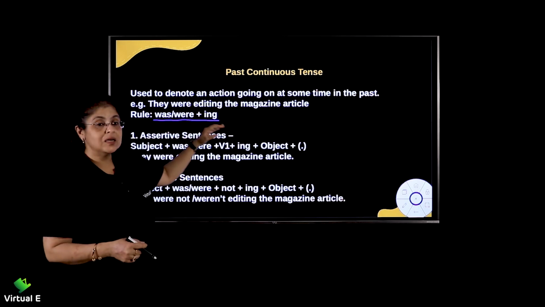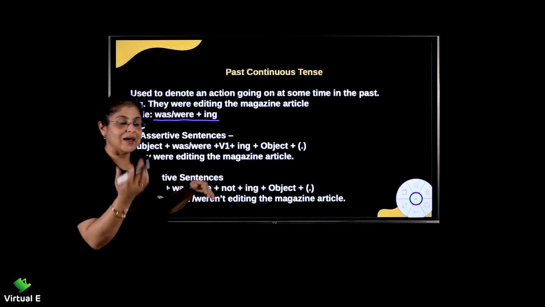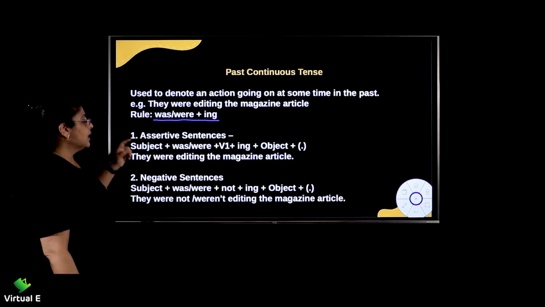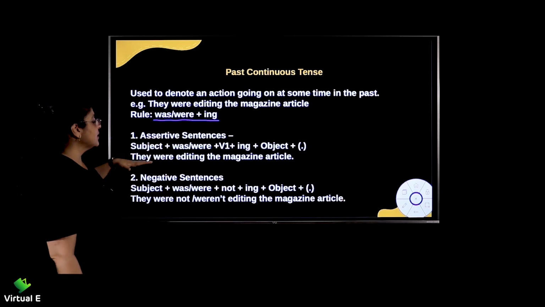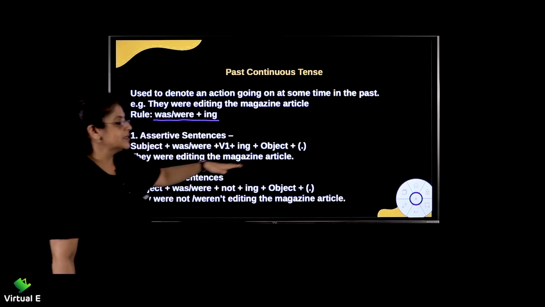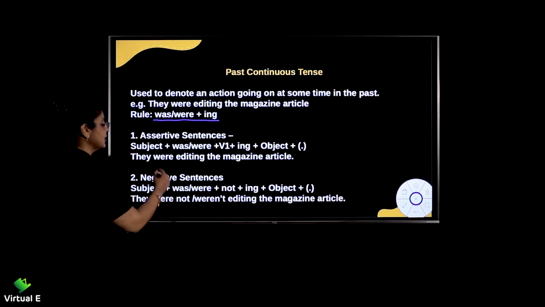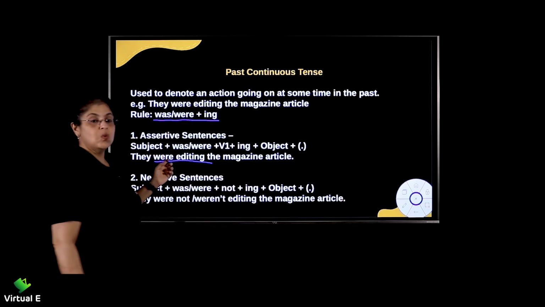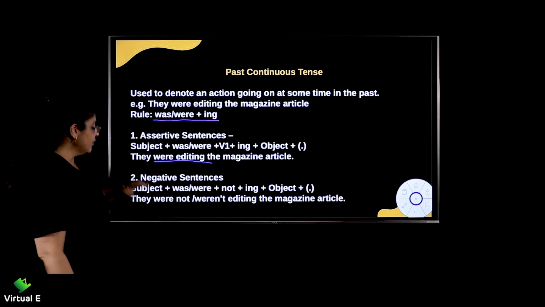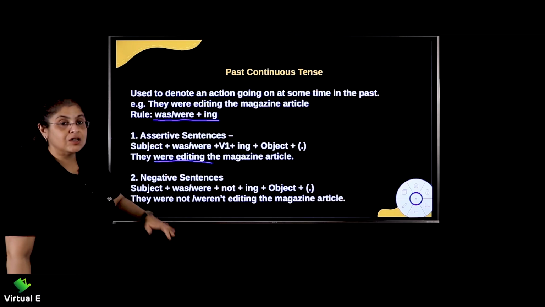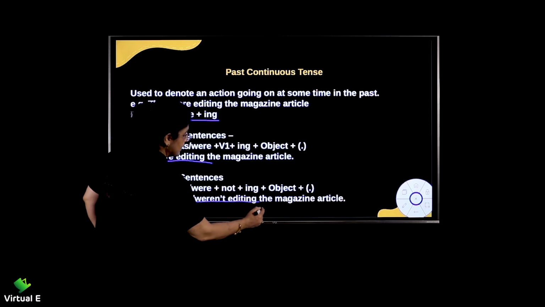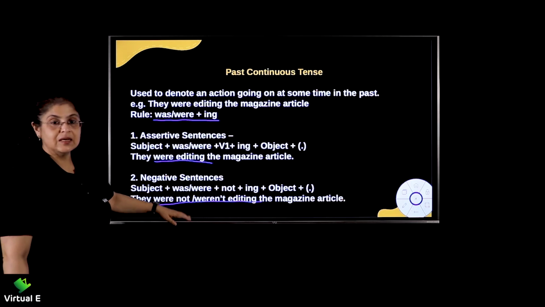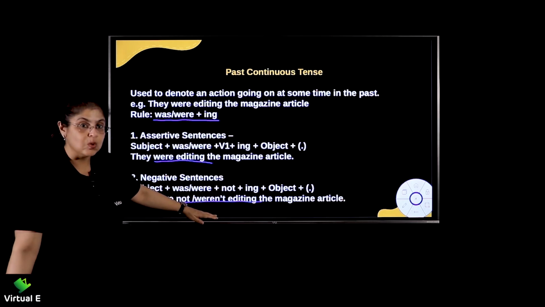So, was, were plus ing. Obviously, the ing is added to the verb. Likewise, moving to the four forms, the assertive sentences, they were editing the magazine article. So, you see, it is were editing. Moving to the negative, they were not editing, or they weren't editing the magazine article. Were not, contraction, weren't, right?